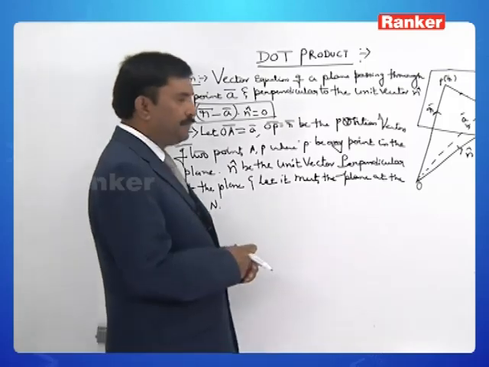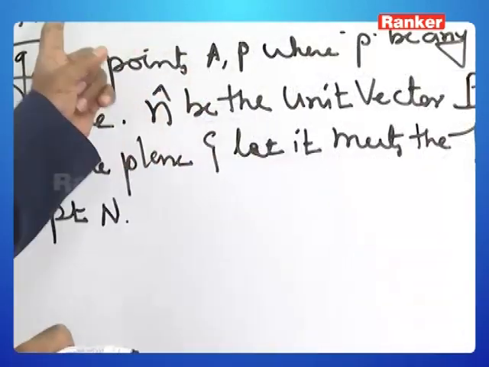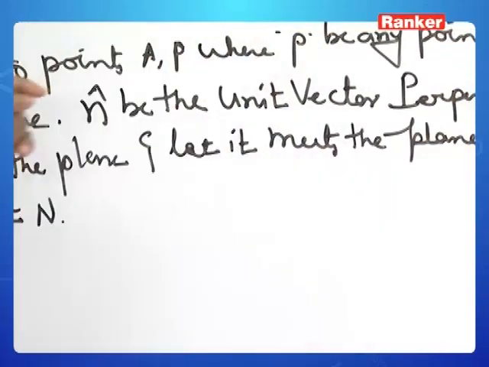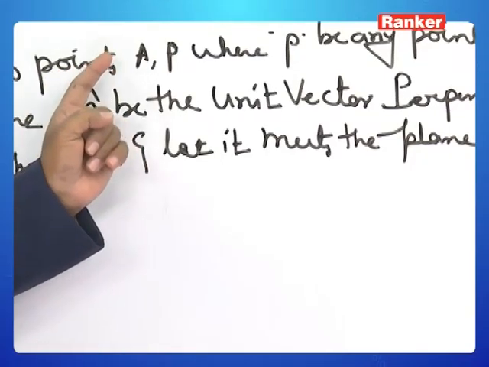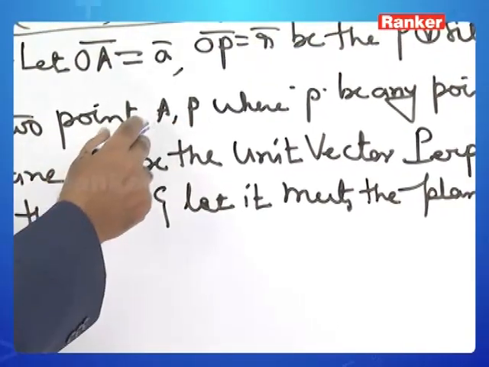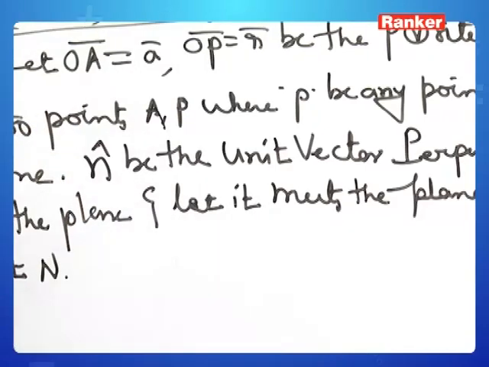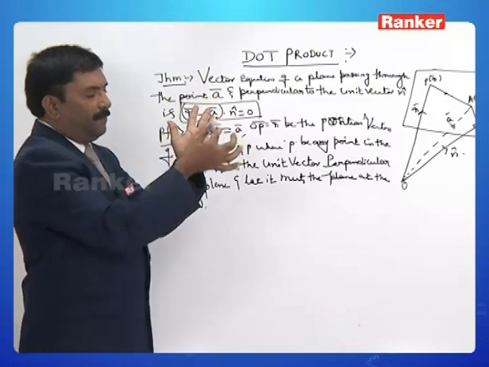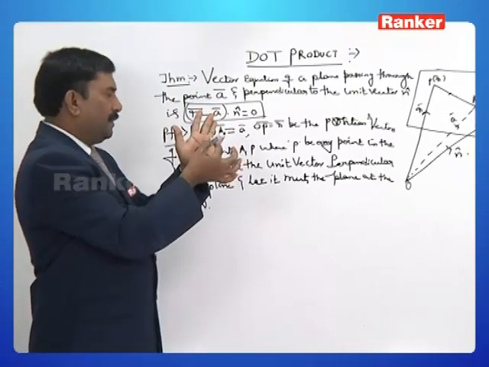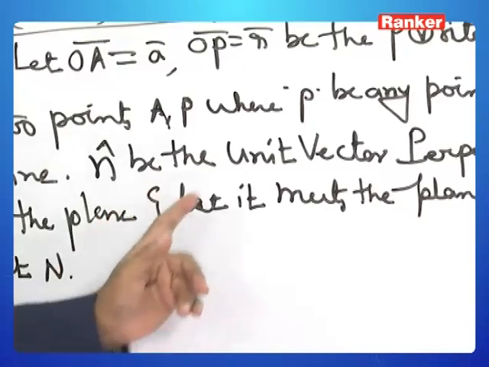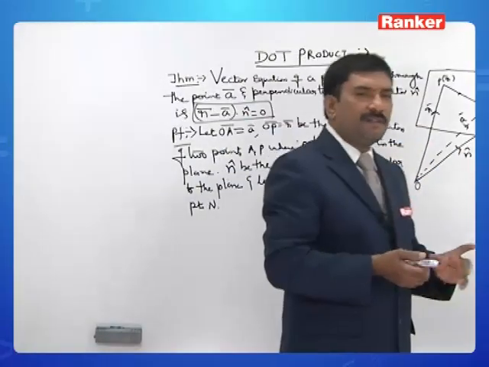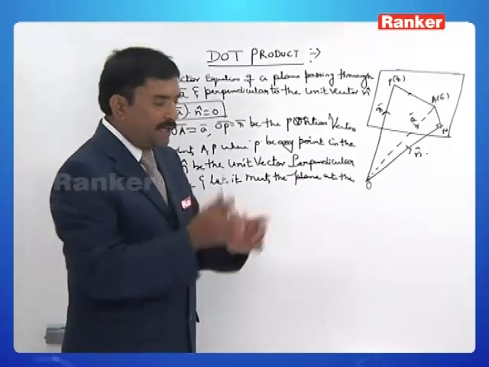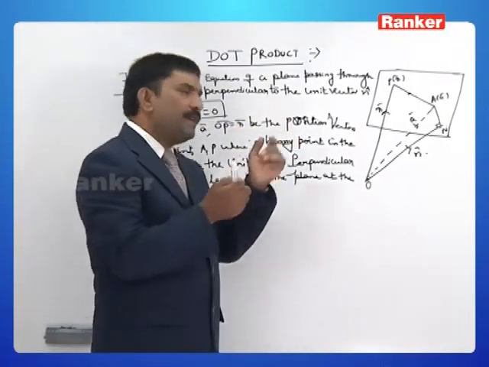As I told, let OA bar is equal to a bar, OP bar is equal to r bar be the position vectors of two points, capital A and P, where P is any point in the plane and n cap is the unit vector perpendicular to the plane. Let it meet the plane at the point N. I can draw maximum like this.